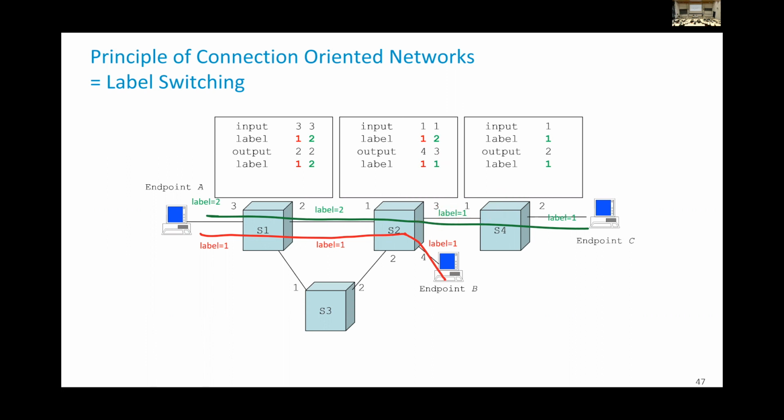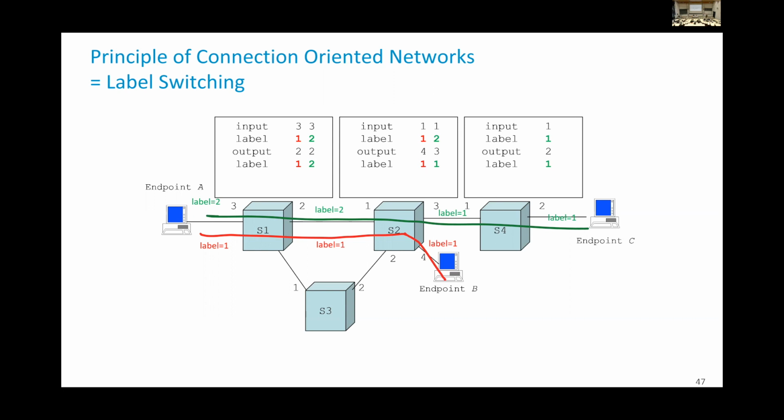Why may we need to change the label? Because the scope of a label is local. There are different versions of MPLS. The version of MPLS that's most widespread today considers that the scope is local to a node. So label 1 means something to node S2, and it means another thing to node S1. It's like a port number that is local to a given machine or a given IP address.